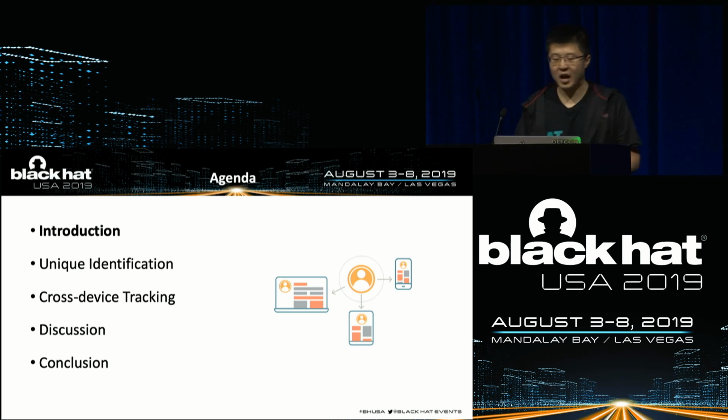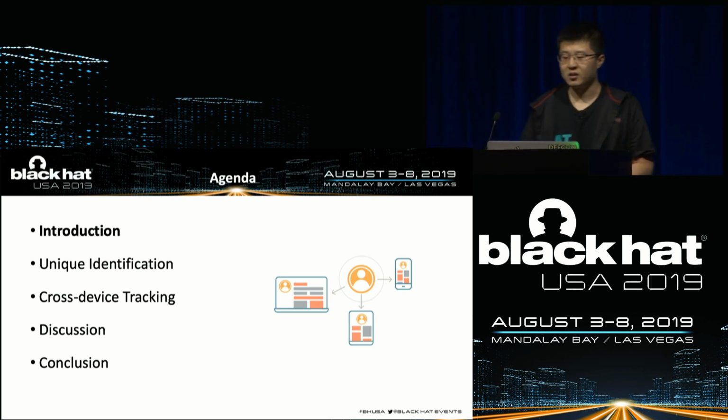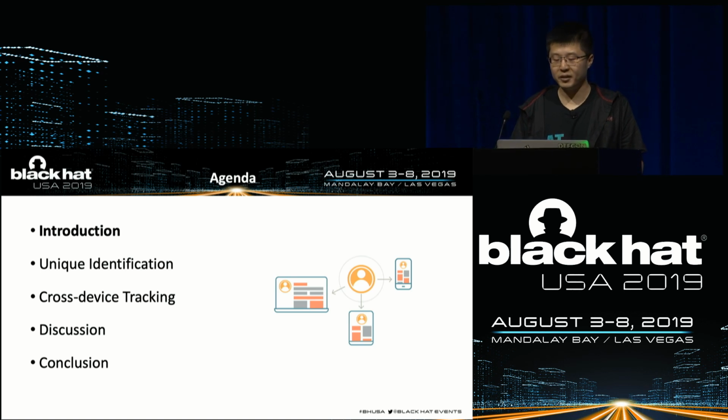Here is the outline of our talk. First, I will briefly introduce the motivation of cross-device tracking. Then, I will list several approaches to uniquely identify the Apple device, even after a system rebooting or resetting.